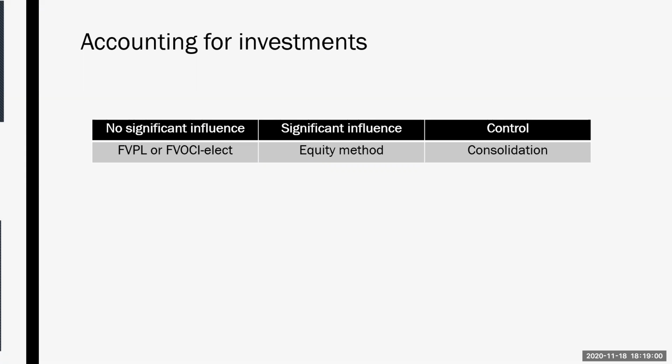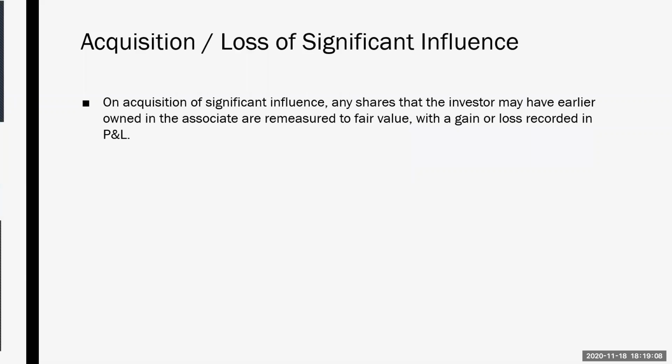If the investor obtains significant influence from having no significant influence earlier, well, in that case, when significant influence is obtained, any shares that the investor may have owned earlier in the associate have to be remeasured to fair value, and any change is to be booked in profit or loss. We actually talked about this when we covered topic 4, investments in associates.